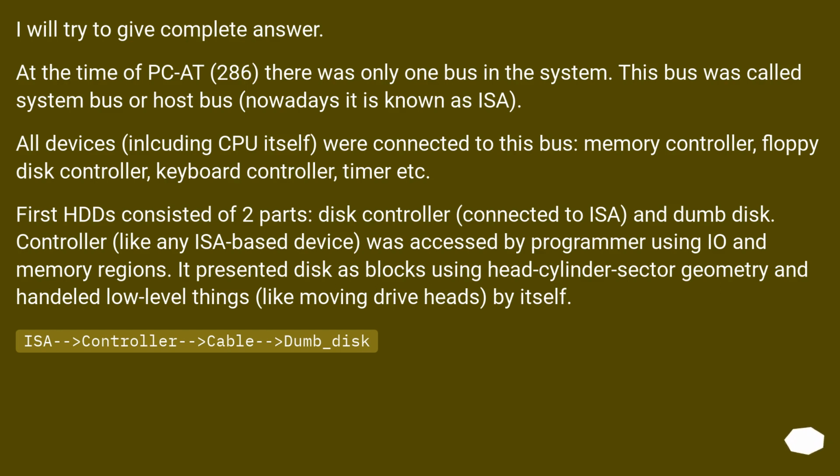The controller, like any ISA-based device, was accessed by the programmer using I/O and memory regions. It presented the disk as blocks using head, cylinder, sector geometry and handled low-level things, like moving drive heads, by itself. ISA -> controller -> cable -> dumb disk.